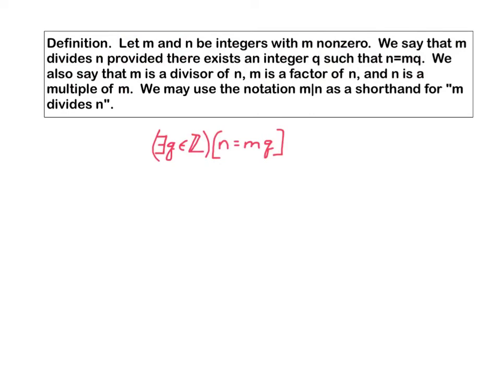And a very commonly used notation is this one here. When we put m, vertical line, n, that's a shorthand for saying that m divides n. And you'll notice that in the definition we've taken m to be non-zero. In other words, we simply don't define the concept of zero dividing anything.